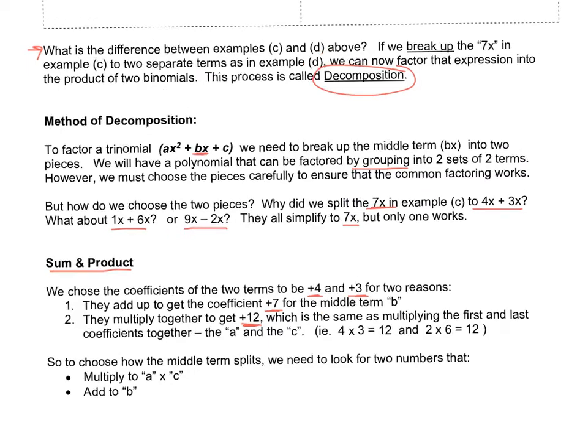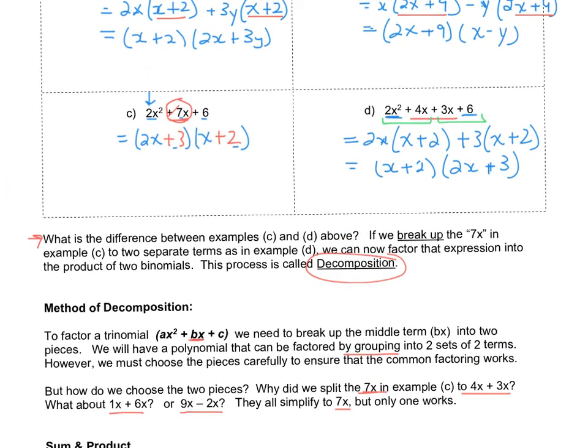The plus 12, if I go back up to the top, actually comes from the product of 2 and 6. If I take the A and multiply it by the C, that's where the 12 comes from. So we're not actually finding two numbers that are going to multiply just to the 6.